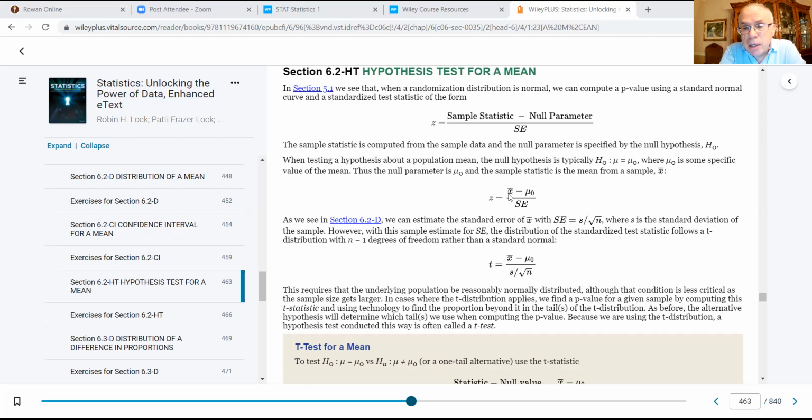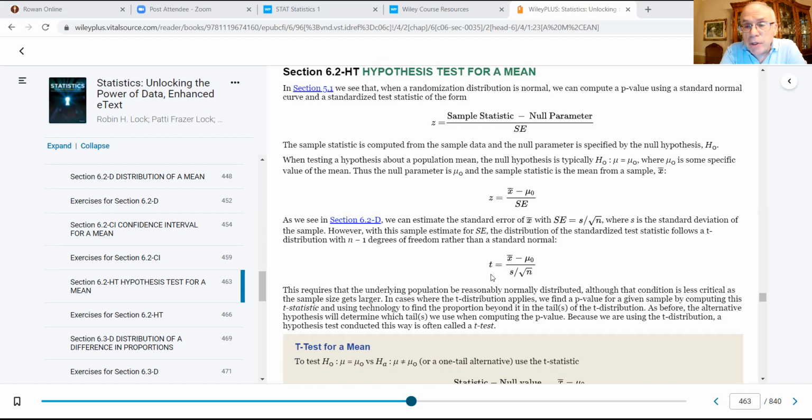So we're going to use S, the sample standard deviation, to estimate sigma. So the formula for our test statistic becomes x bar minus mu naught divided by S divided by the square root of n. And this actually is the definition of a t distribution. That's why we're using a t distribution, because when we substitute S into this formula, this is an actual t score, or t statistic, as opposed to a z statistic.